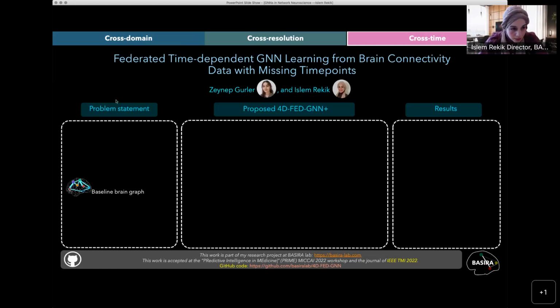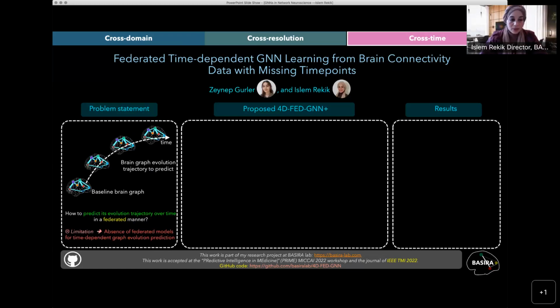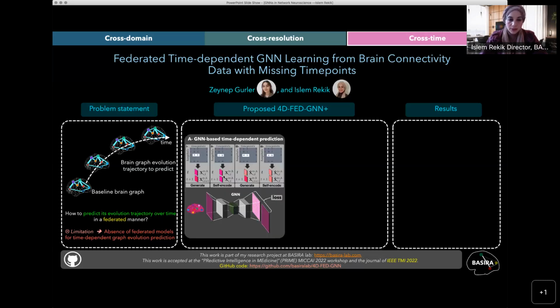So basically, the problem goes like this: given one observation, learn how to predict this over time, but in a federated manner, while looking at the problem of missing data points.